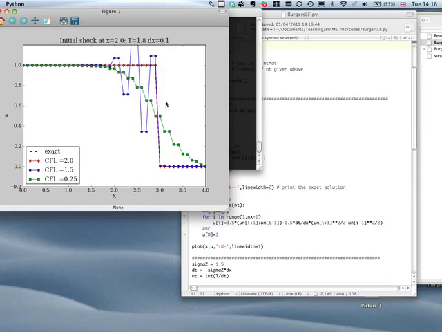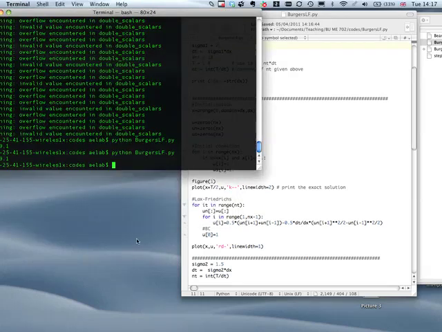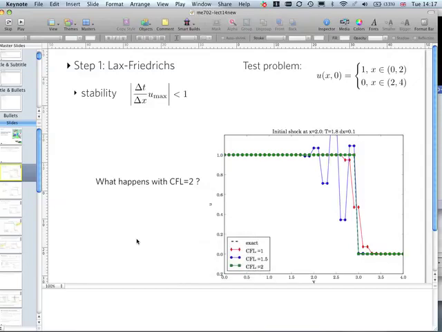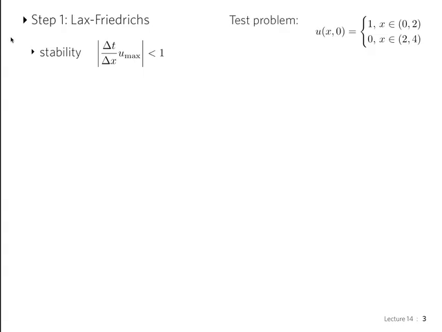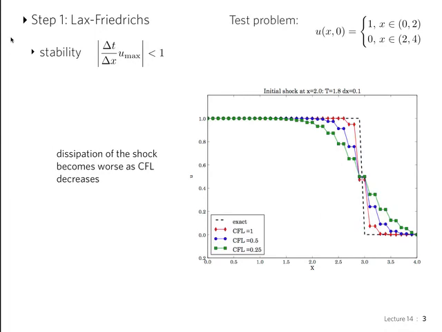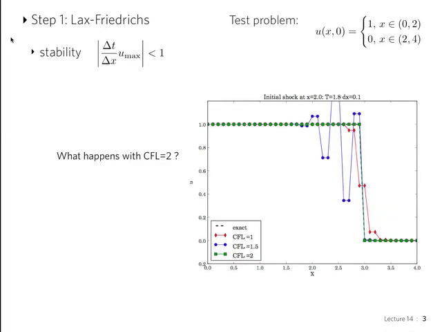Right? By my CFL condition, my stability condition for this scheme, I expect this to become unstable for any value greater than 1. Yet here's the solution with CFL equal to 2. What's happening there? Anybody have a guess?